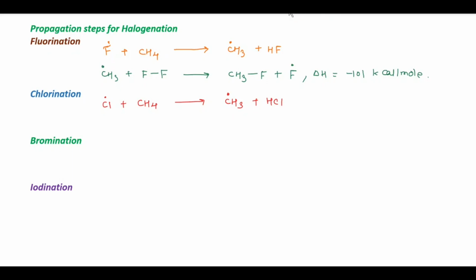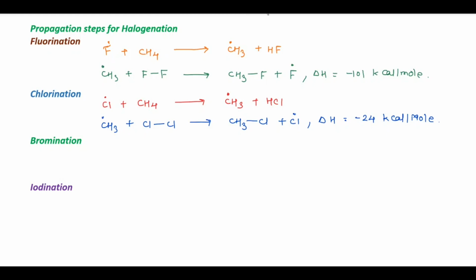Further, this CH3 radical reacts with chlorine molecule and it gives methyl chloride plus Cl radical. The energy change for this reaction is minus 24 kilocalorie per mole.